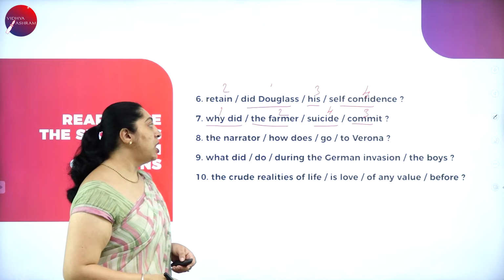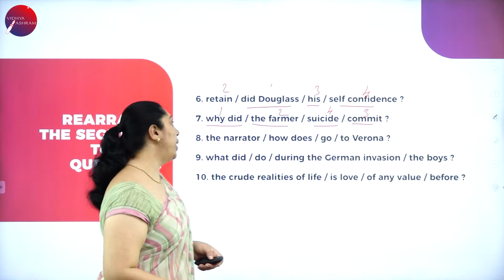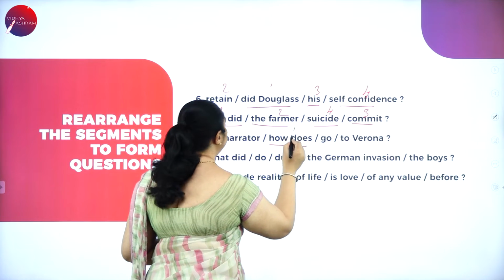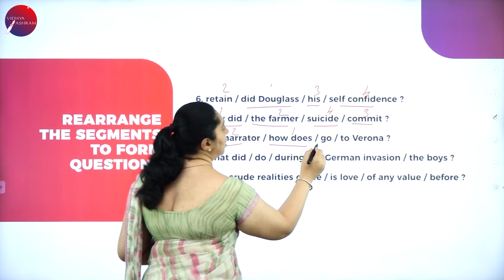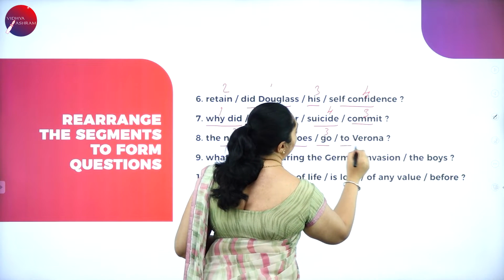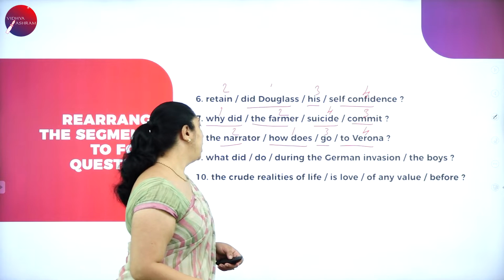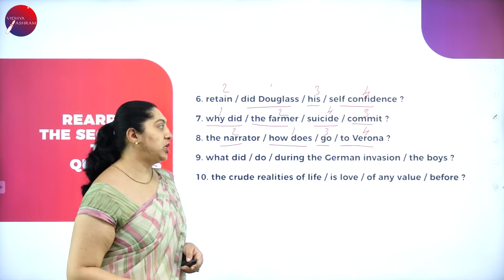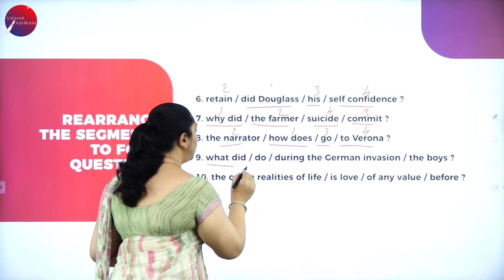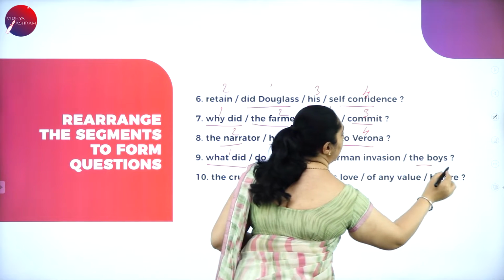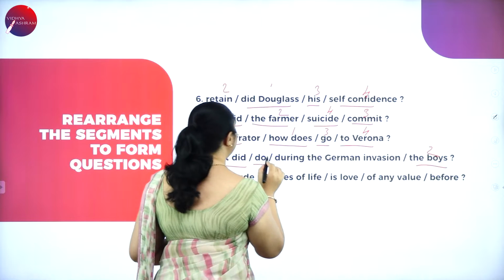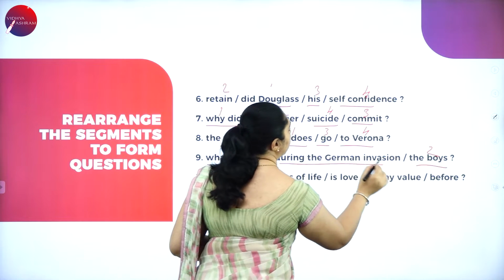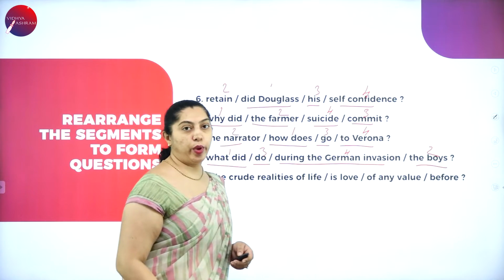The narrator, how does go to Verona? How does the narrator go to Verona? What did do during the German invention the boys? What did the boys do during the German invention?